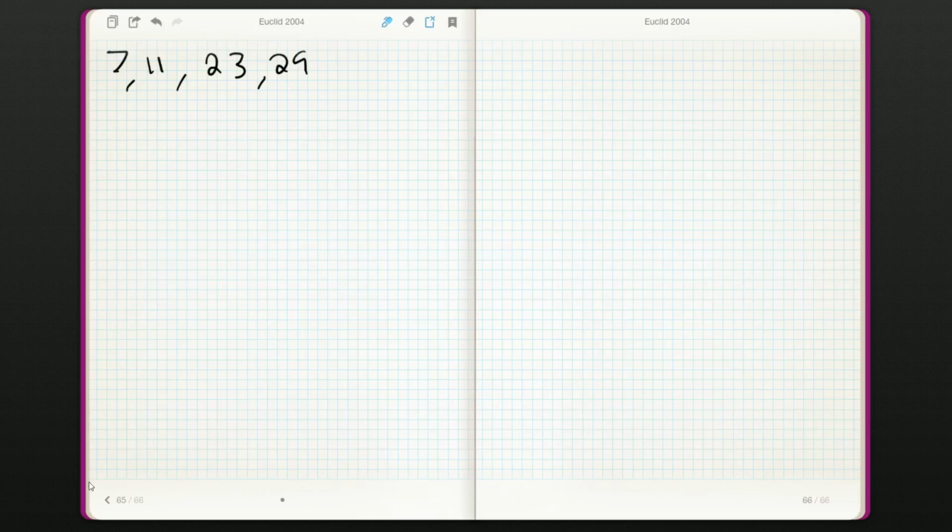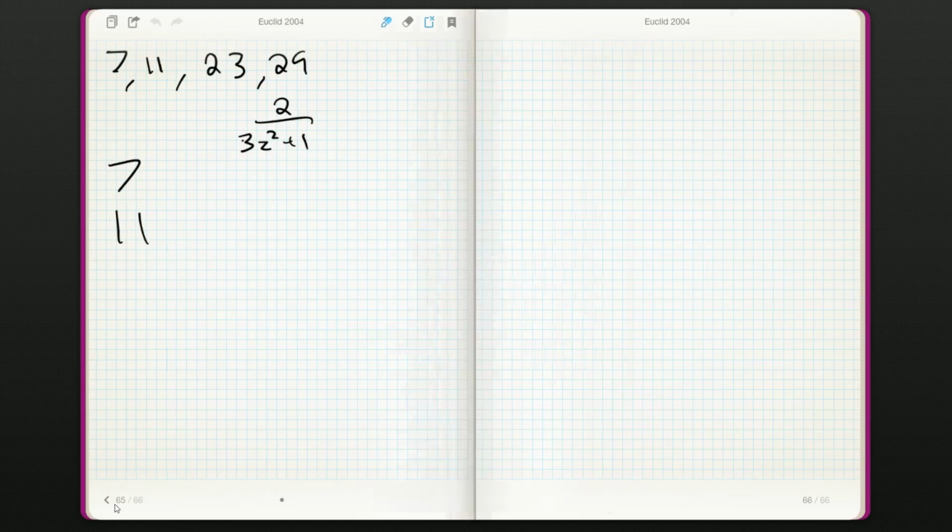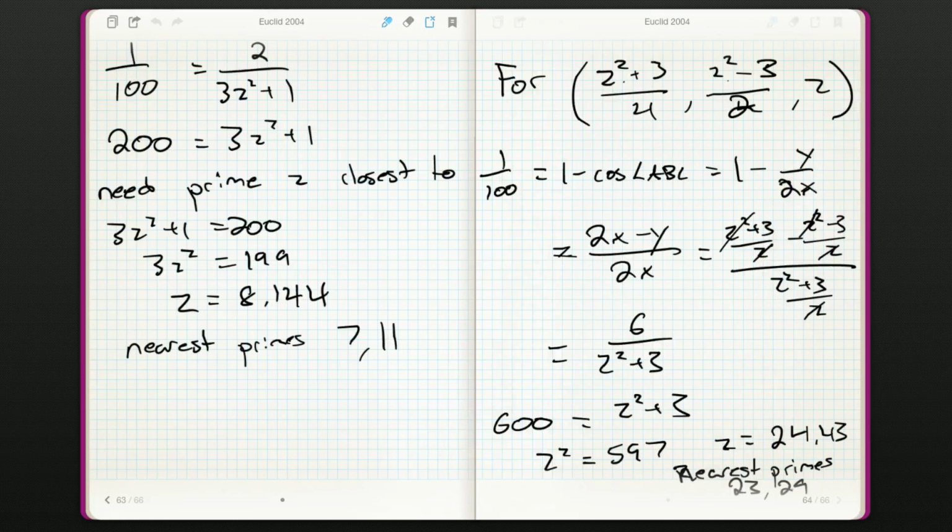But for these two, what actually is the cosine? So what actually is 2 over 3z squared plus 1? Alright, that's the expression we want.